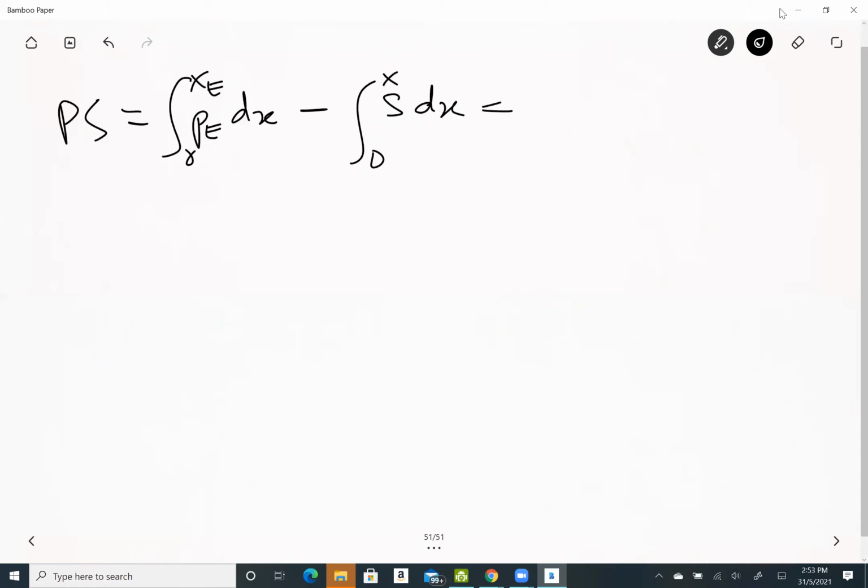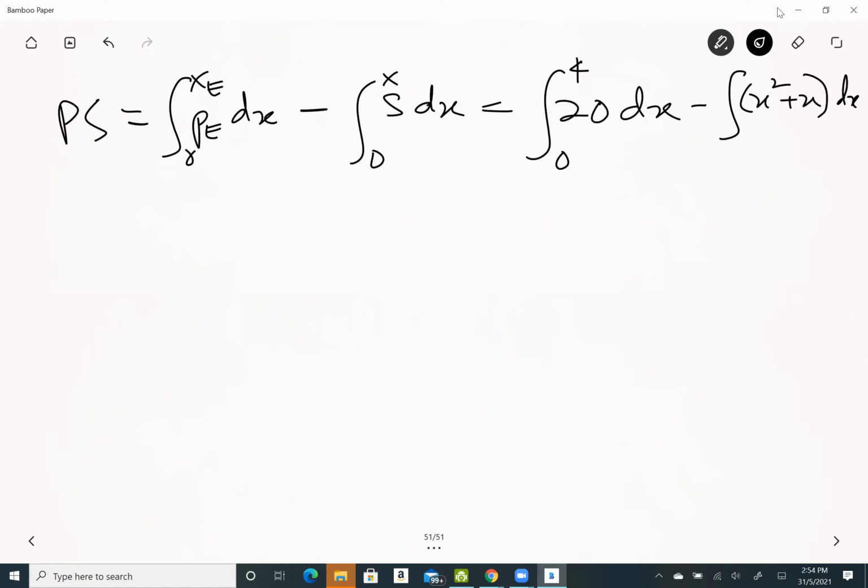That will be equal to the integral from 0 to 4 of 20 dx, that is the equilibrium price, minus the integral of x squared plus x dx.